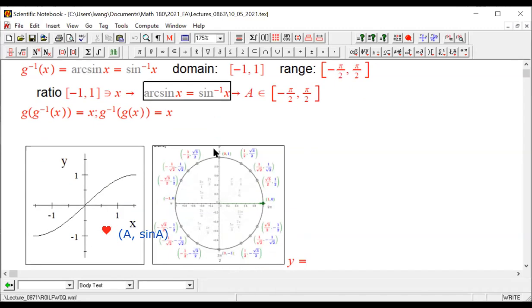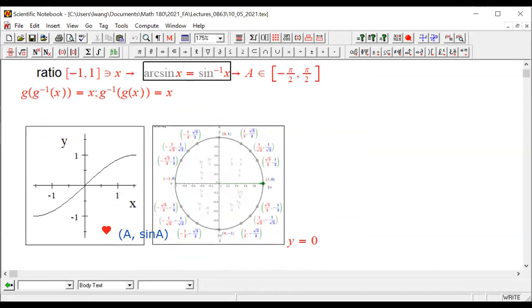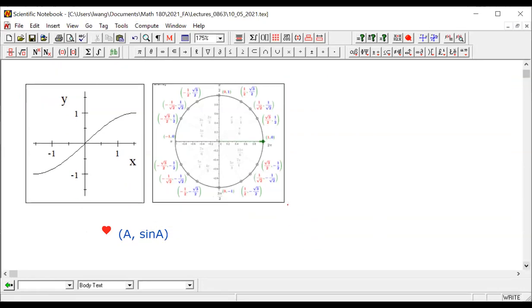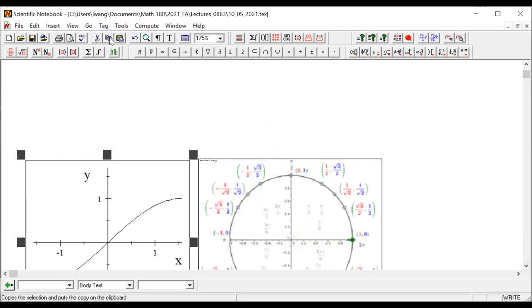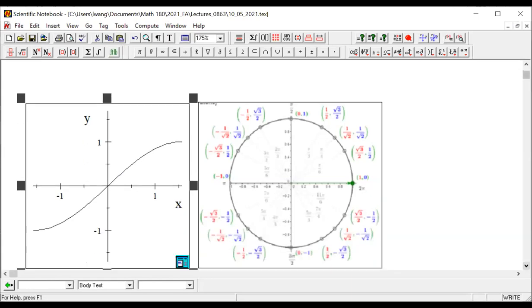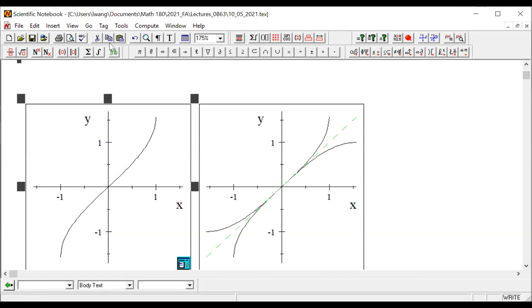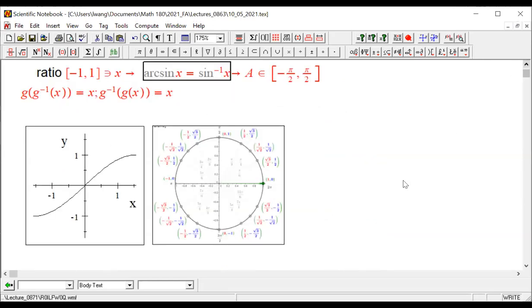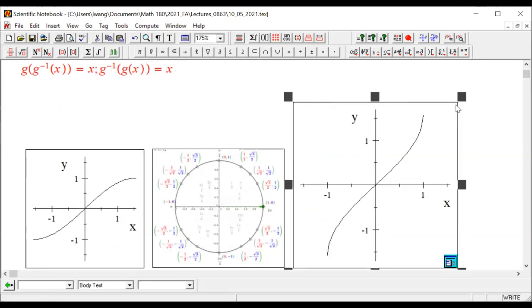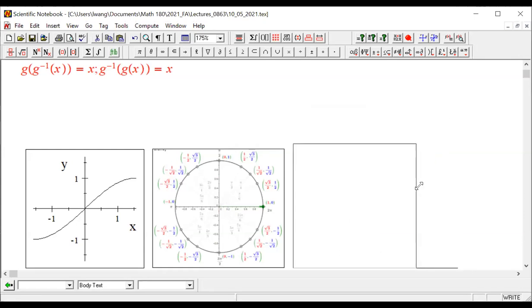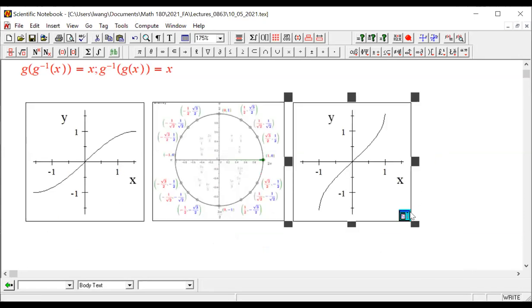So I'm going to set up the rectangular system. And you know what I'm going to do? Because I have pre-prepared some of these things. I'm just going to put it that way. I'm going to remove this picture.